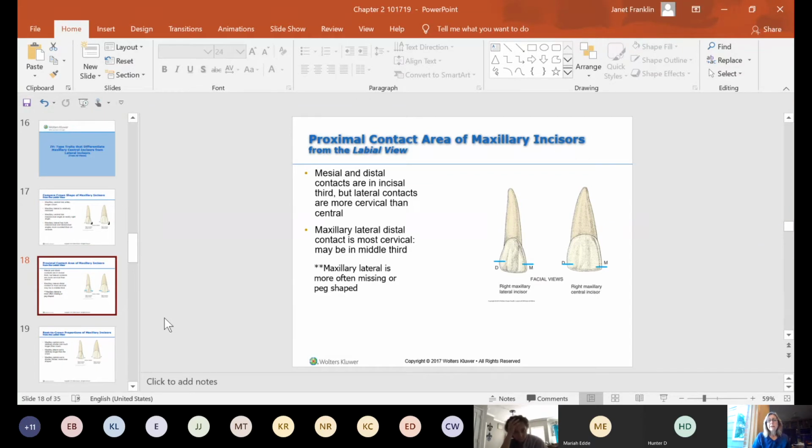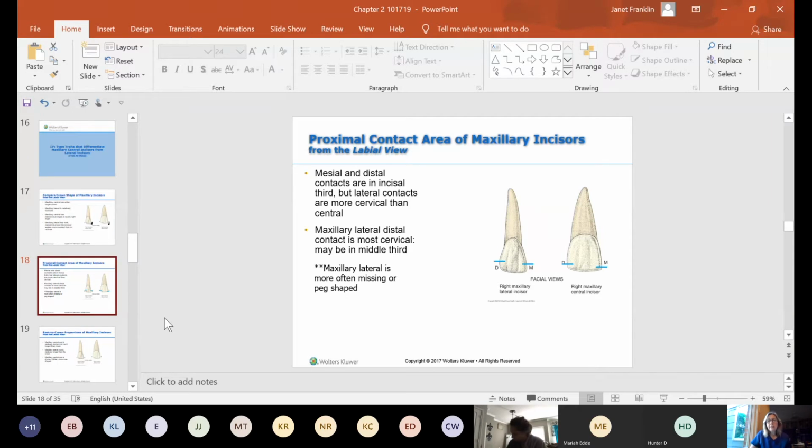And the maxillary lateral's distal contact is more cervical. It could be almost or into the middle third. So as you go farther back, the contacts are going to move slightly more cervical. I shouldn't say up because you could be looking at a mandibular tooth and they're going to be going down. On a maxillary, the contact goes from the incisal edge and works its way up toward the cervical.